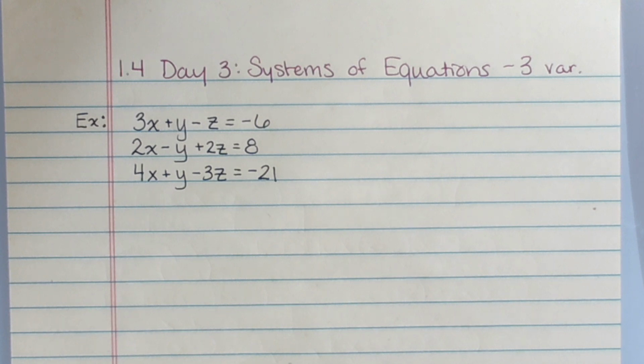Because the first thing we're going to have to do is eliminate the same variable twice, the first thing I recommend you do when you look at these problems is look at the numbers in front of them and ask yourself, which of these would be the easiest to get to cancel out in 2 different ways?